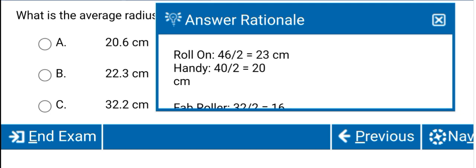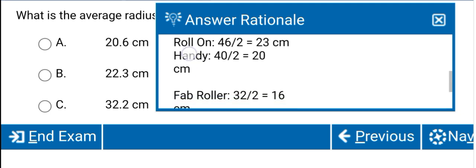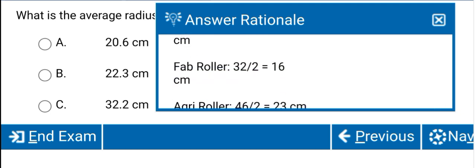Handy, 40 by 2 equals 20 centimeters. Fab roller, 32 by 2 equals 16 centimeters.